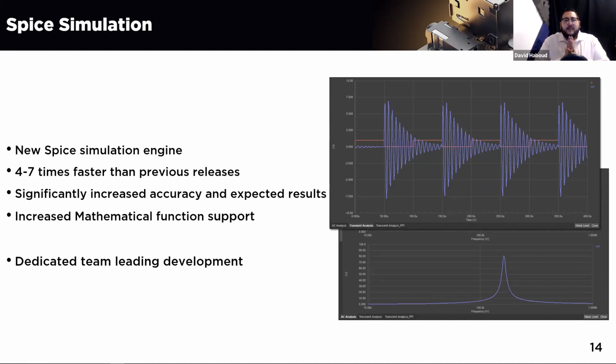There's a significant increase to the accuracy, and there's better support for different mathematical functions. And once again, we have a dedicated team for simulation. So this is the first of many improvements. There's going to be a lot of development in this in time.